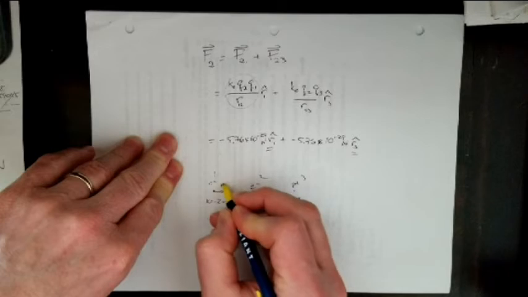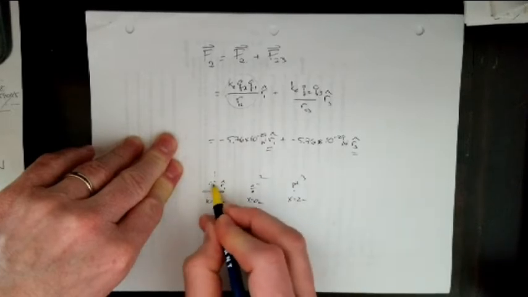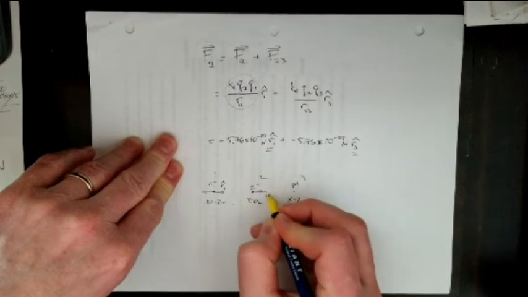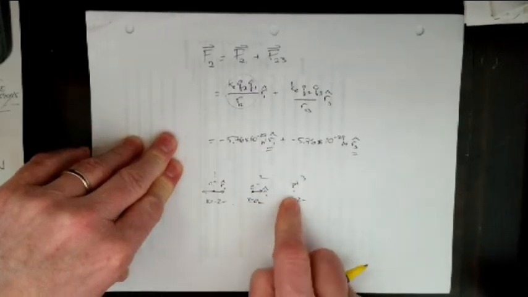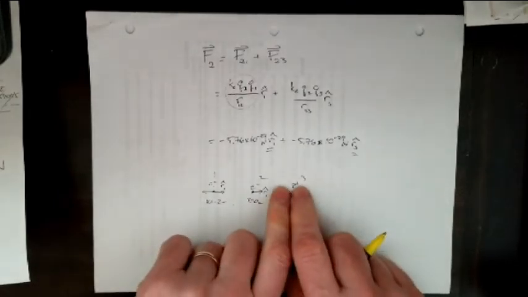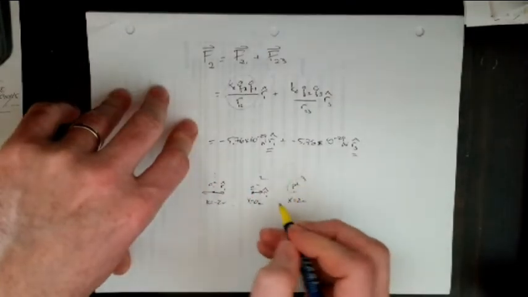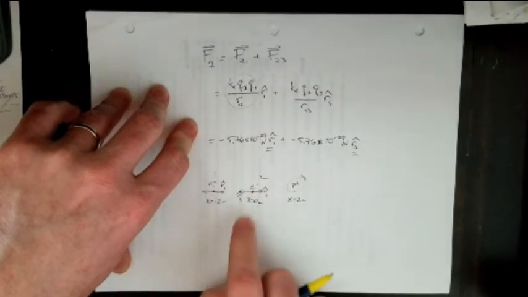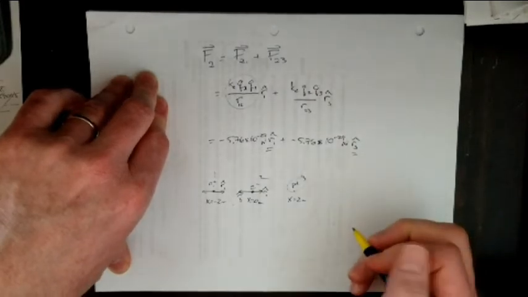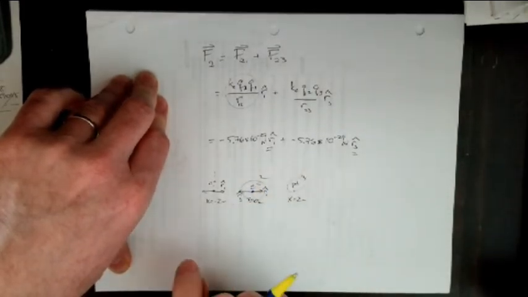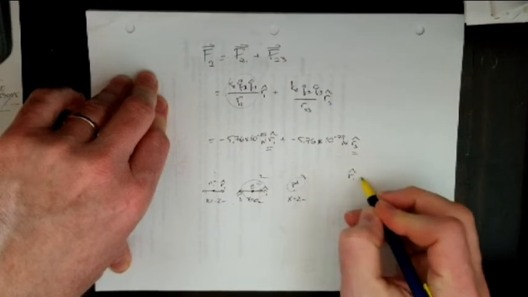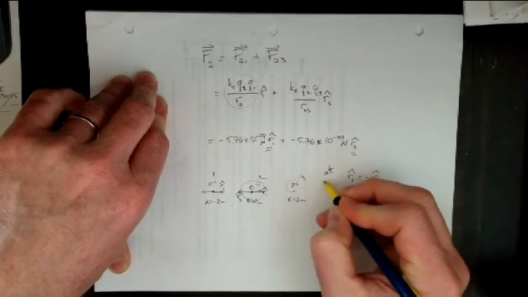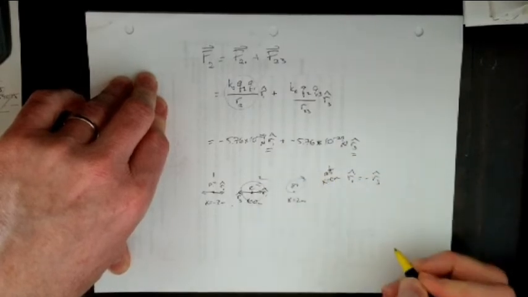r1 hat is going away from proton 1. In other words, at this point, r1 hat is traveling to the right. r3 hat is going away from proton 3, so at where the electron is, r3 hat is going to the left. They are opposite directions. So we need to recognize that at the location of the electron, r1 hat is equal to negative r3 hat at x equal to 0 meters.